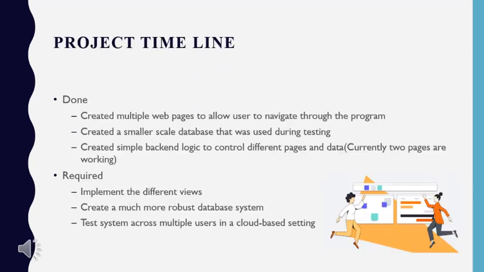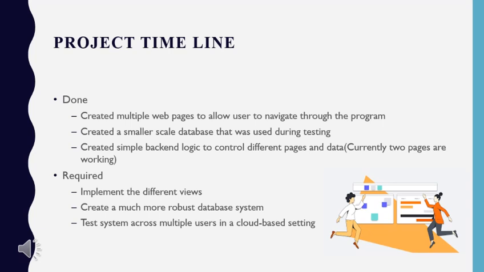All right, so for the project timeline, the different things that we've done so far have just been creating different HTML templates, or more of the skeleton of the HTML web page for the various web pages, which will be shown to each different user and allow them to access different functionalities.